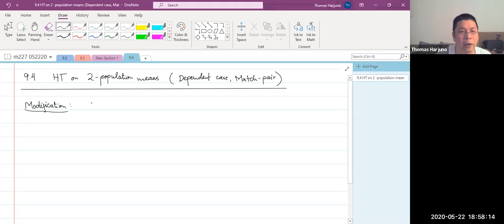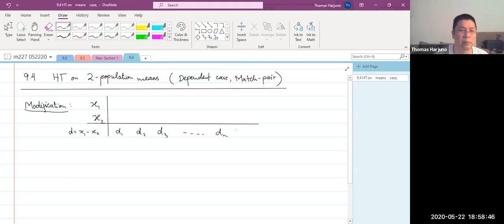The data will be paired. The data you have will be paired, x1 and x2. What you need to do first is to find the difference, which we usually define as x1 minus x2. Okay, so you will get later on d1, d2, d3, all the way to dn, the sample size.